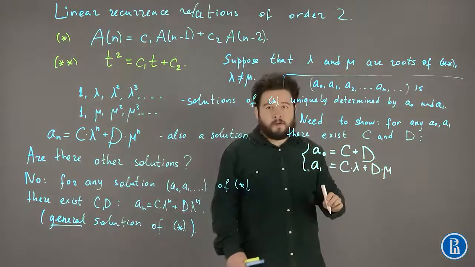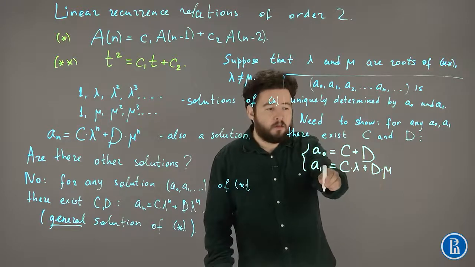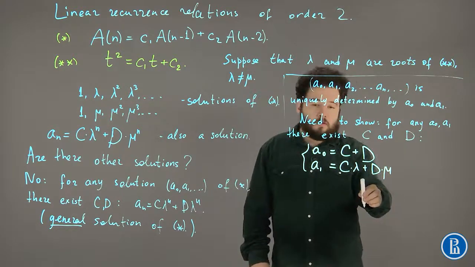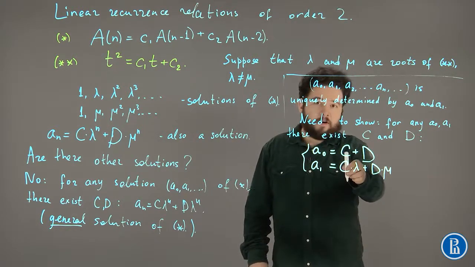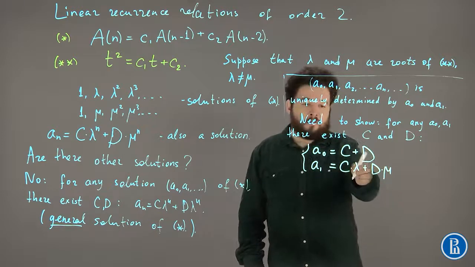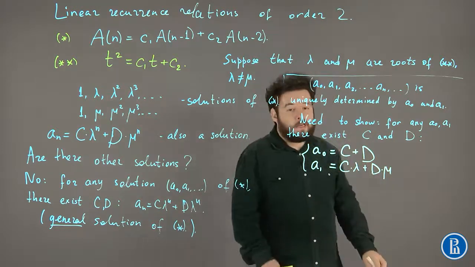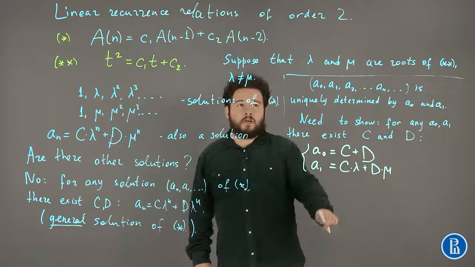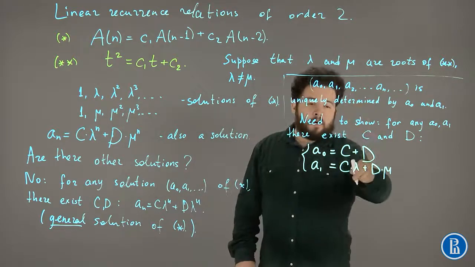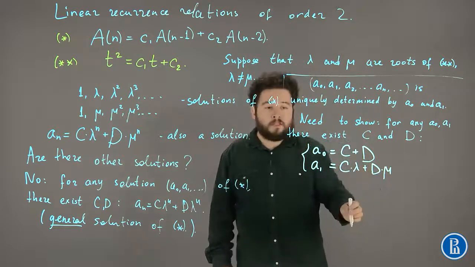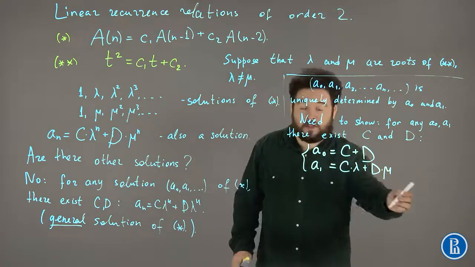So we have a system of two linear equations with variables C and D. We want to find C and D. And since lambda is not equal to mu, they are not proportional. So this system of equations has a unique solution.